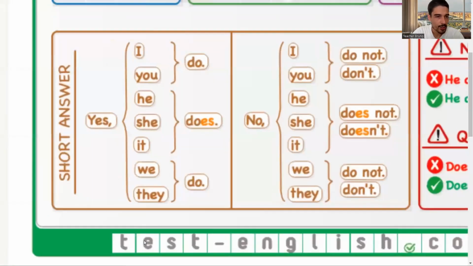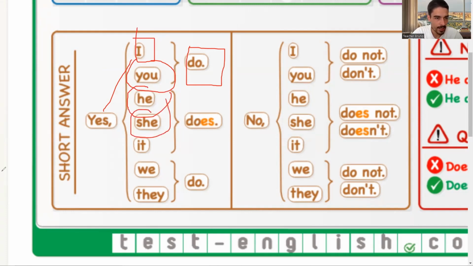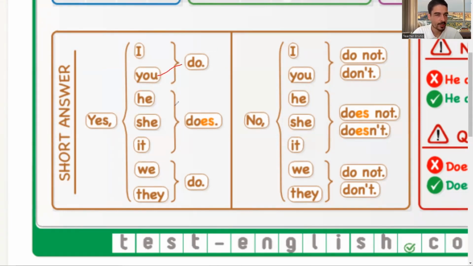Now let's take a look at short answers. For short answers in English, we use the auxiliary verb at the end. So, yes, the pronoun I, you, he, she, and so on, and we use the auxiliary again. Yes, I do. Yes, you do.